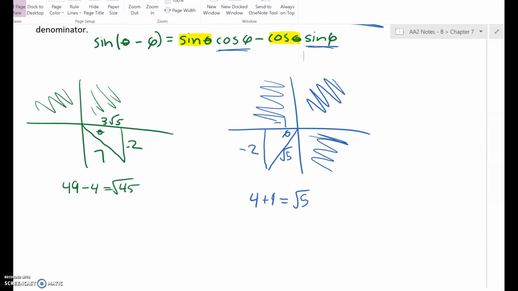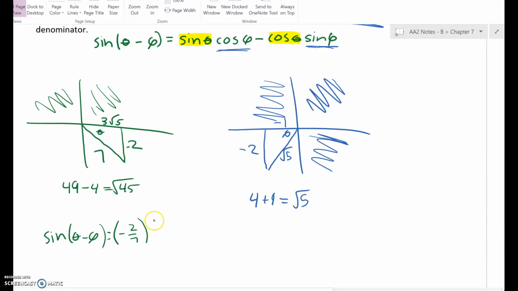So we want the sine of theta, which is opposite over hypotenuse, negative 2/7. So sine of theta minus phi equals the sine of theta times the cosine of phi.